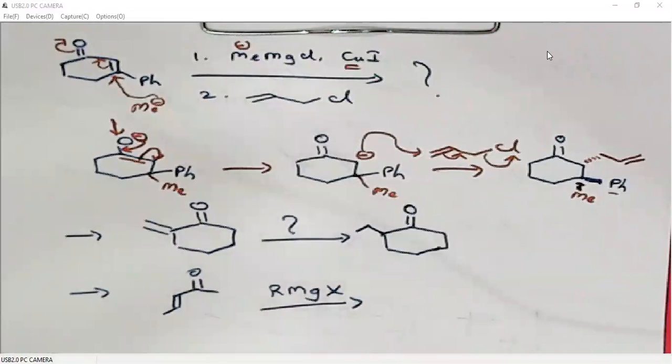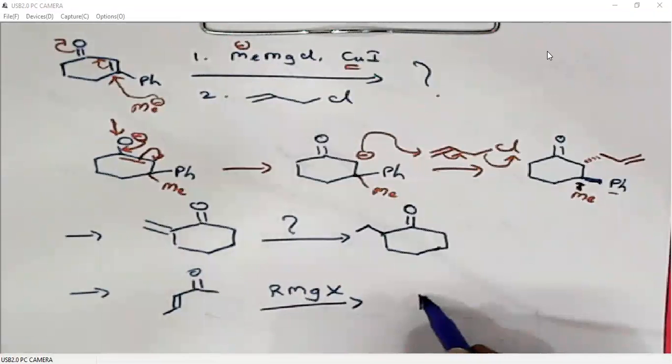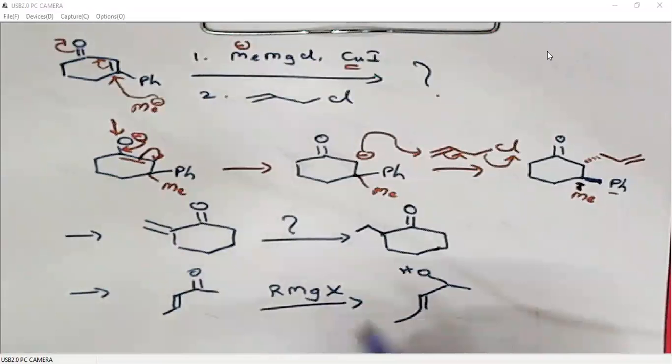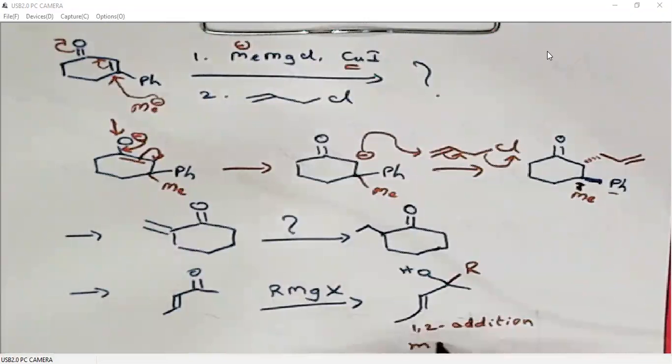When we treat an enone with Grignard reagent, of course, Grignard reagent is hard in nature, so it will undergo 1,2 addition. So the major product is always 1,2 addition. This is the major product.